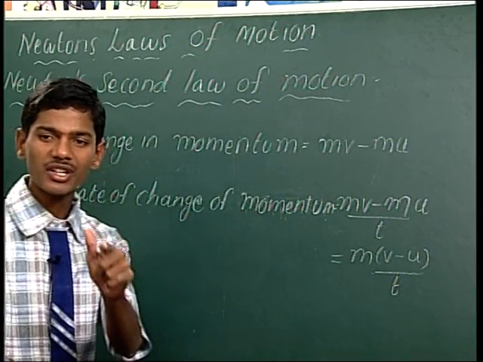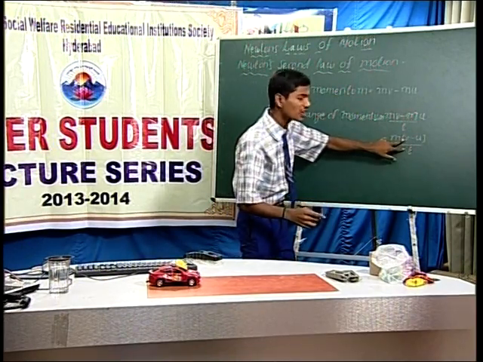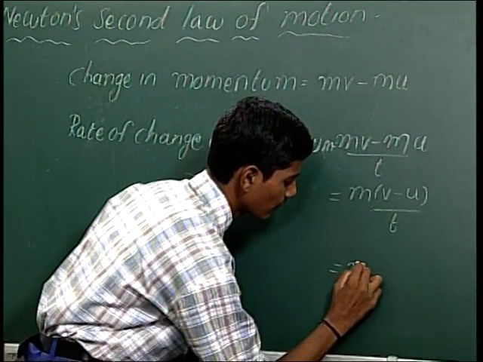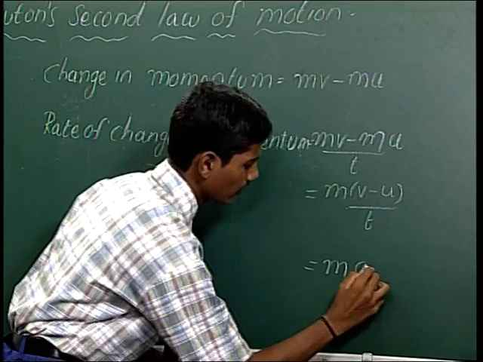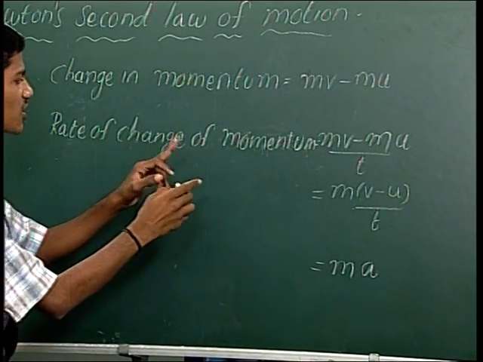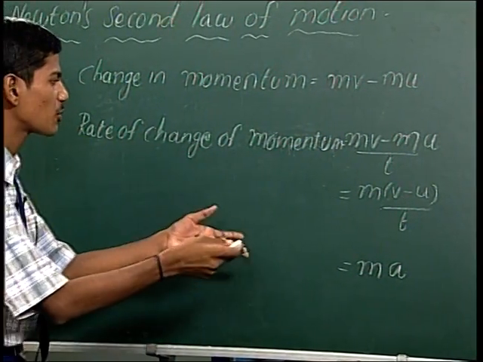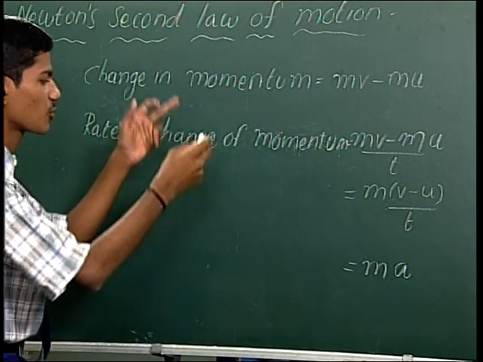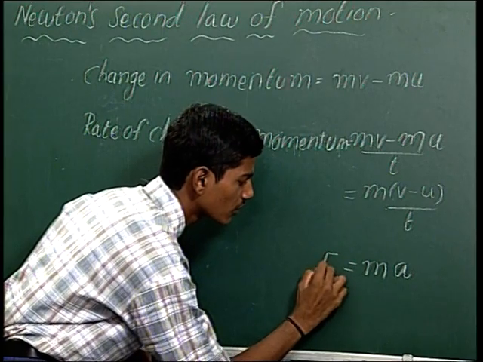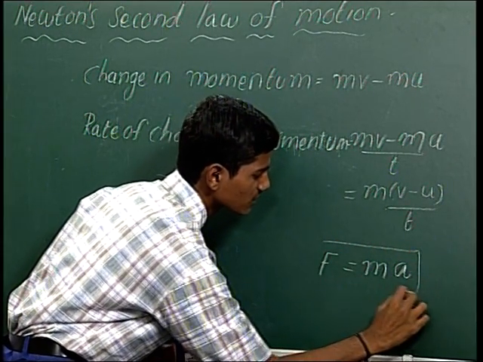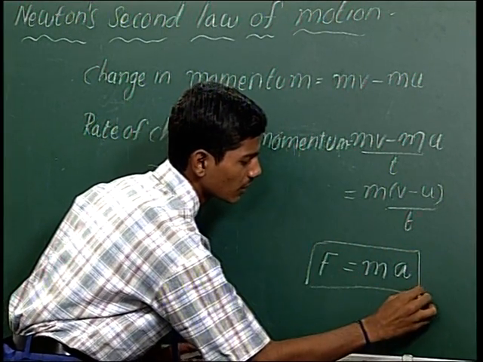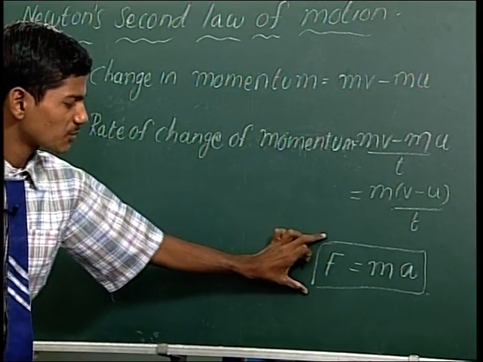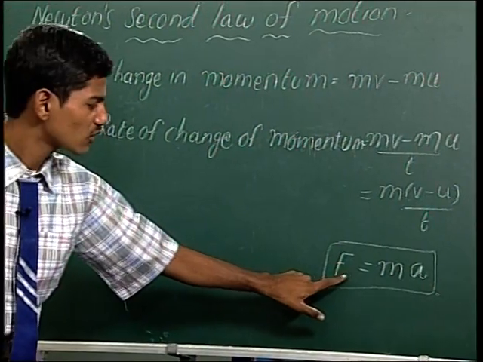At first we discussed that the rate of change of velocity is nothing but acceleration, and therefore the rate of change of momentum is equal to the unbalanced external force applied on it, that is Newton's second law of motion. So force F is equal to ma. This is the expression for force, F equals ma.